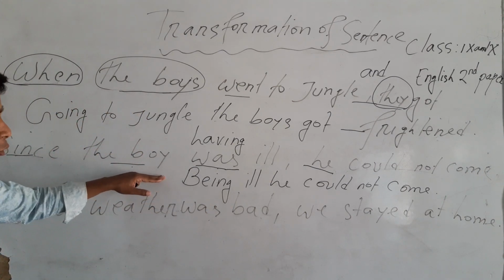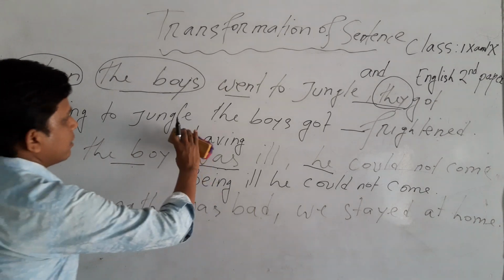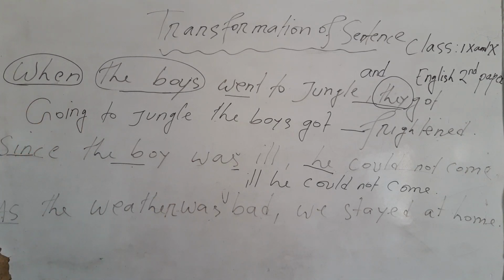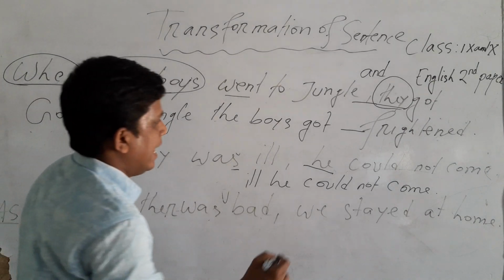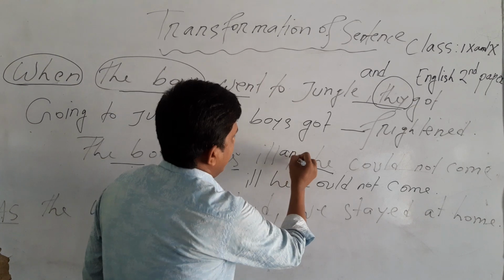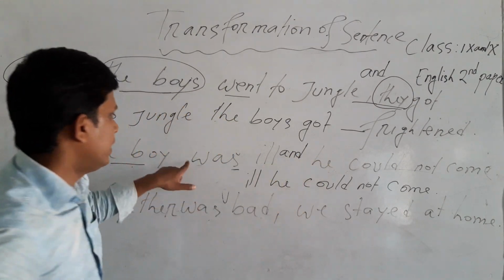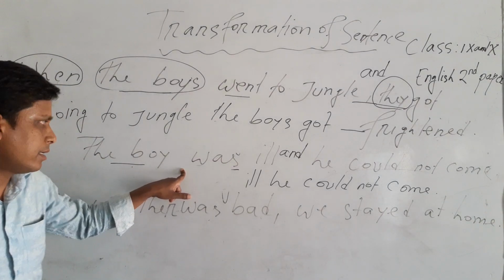Then how can we transform it into compound? Notice, it is very easy. Like the first one, we just remove "since" from the beginning of the sentence and use "and" instead of the comma. Now it is "and", it is a compound sentence. It is very easy.